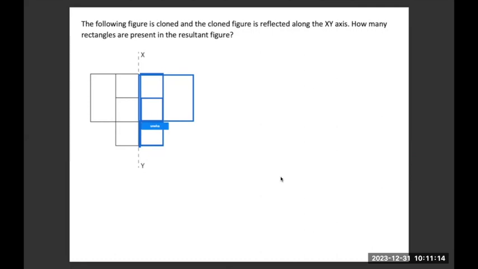The new clone diagram will actually look something like this. So in this diagram, what you are supposed to guess is the number of rectangles that are formed in this diagram. Very simple. Just redrawing it again.